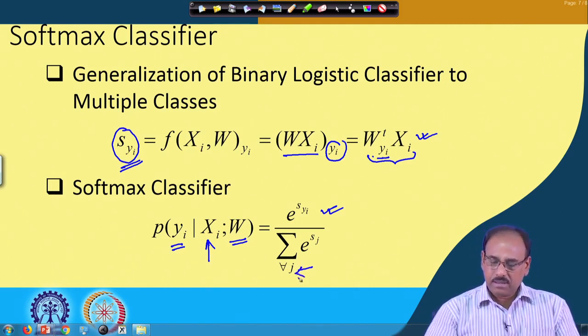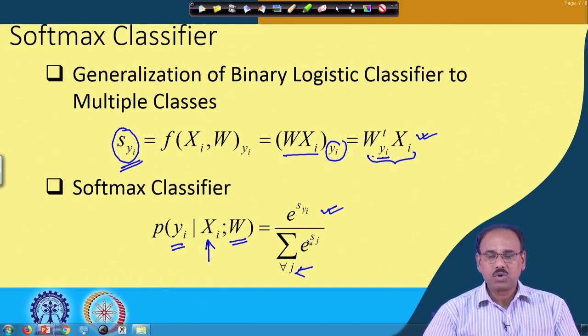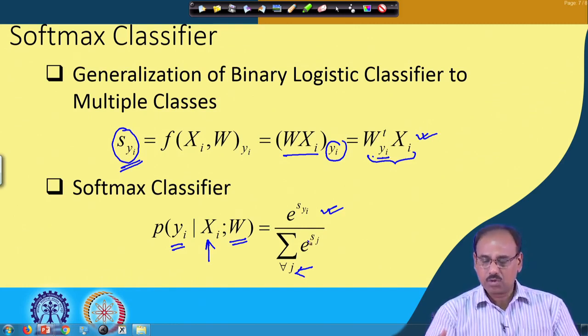So, you find that this also converts our score values for different classes into a probabilistic measure, that is, the probability of class y_i given a feature vector x_i.